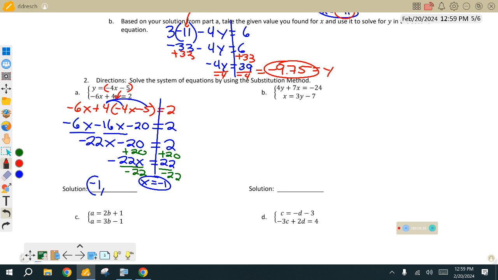So what Matt was alluding to, let's go back up to the one we substituted with. Y equals negative 4x minus 5. Shh, guys in the back. I don't have any space. Over here, we're going to do it. Well, next time we'll move it more to the side, Andrew. X equals negative 1, as Matt was saying.